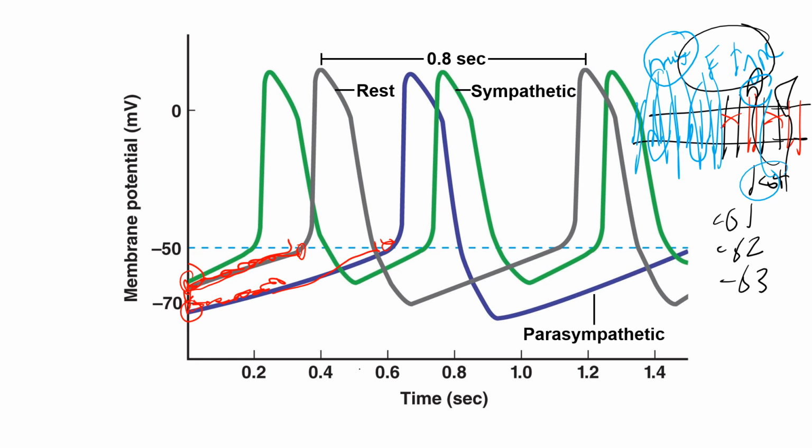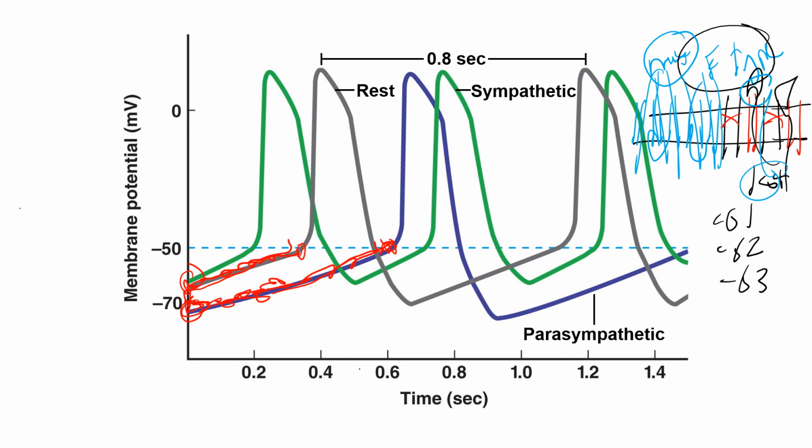It takes much longer to get to threshold if you need to bring up the membrane potential by 20 millivolts compared to 10 millivolts, because usually you have to get the membrane potential from -60 to approximately -50. But now in this example, we have to get from -70 or even more negative to -50, which is 20 millivolts more positive. Obviously, it takes a lot longer to get from -70 to -50 than it takes to get from -60 to -50.